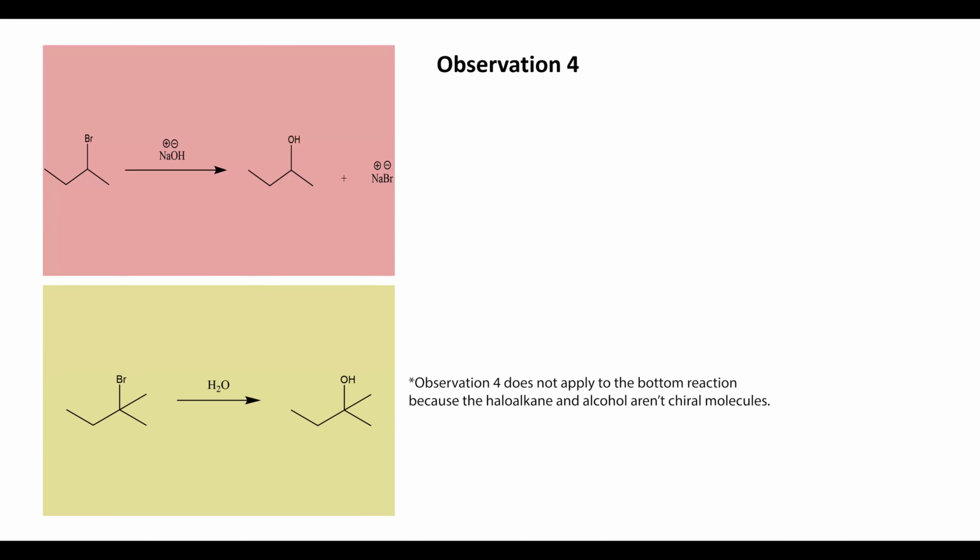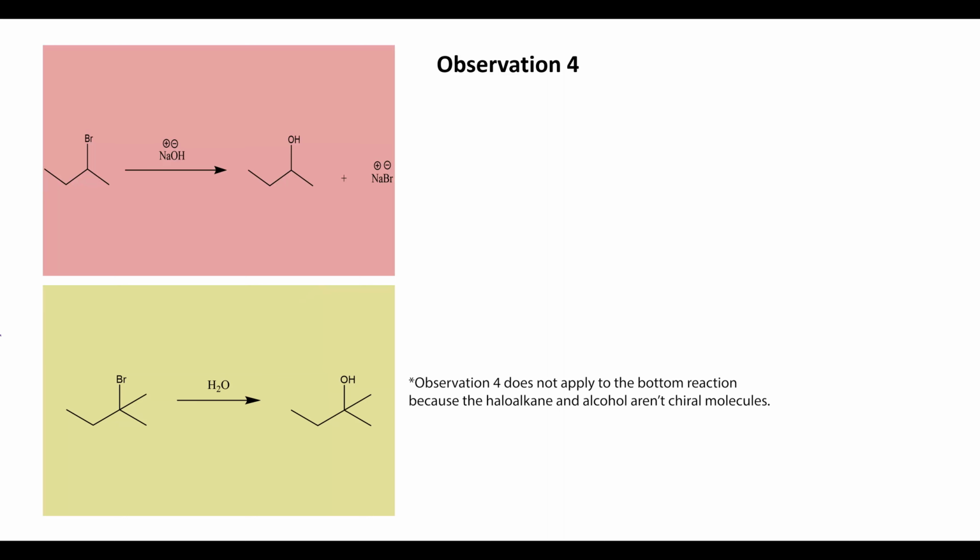In our fourth observation, some molecules have the ability to rotate plane polarized light. So in some substitution reactions, molecules that have this ability, which is known as having optical activity, keep their optical activity. But in others, this optical activity actually goes away.